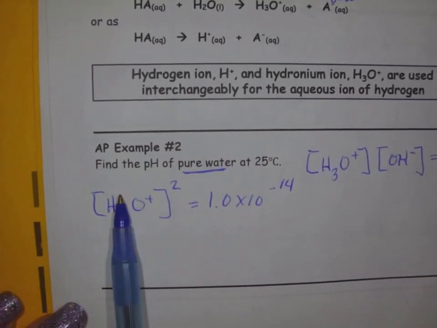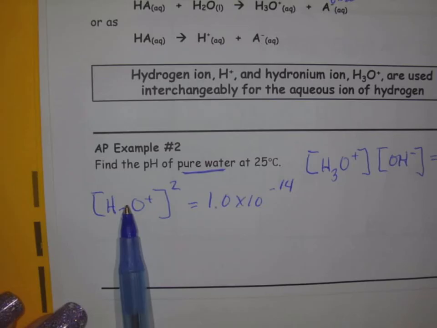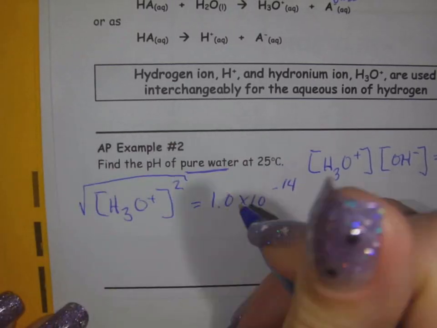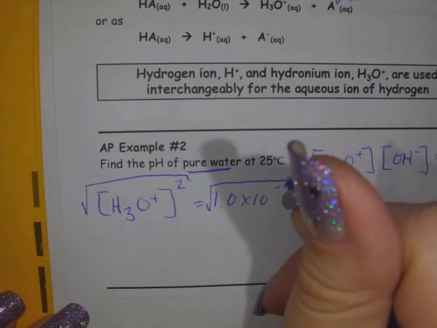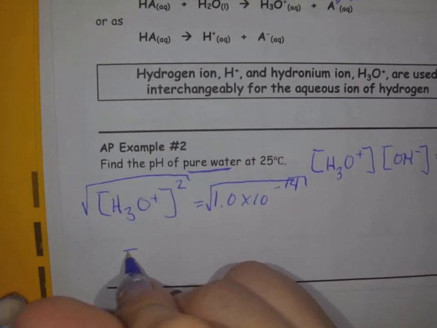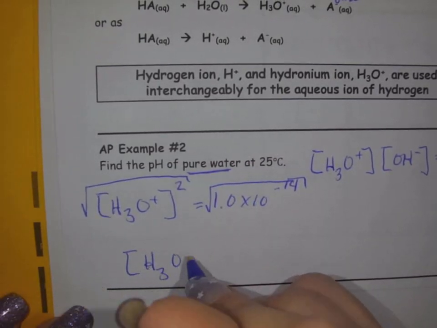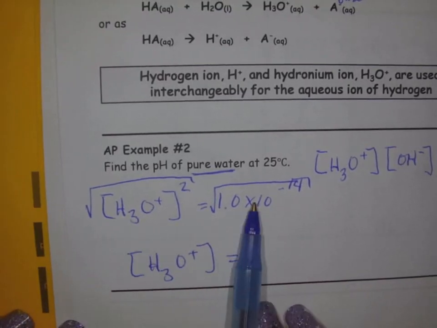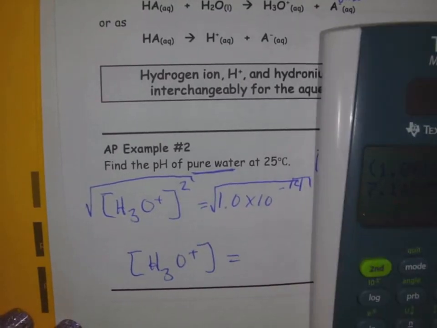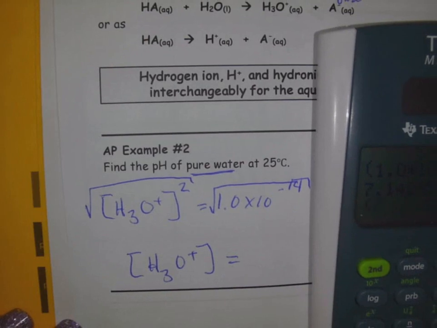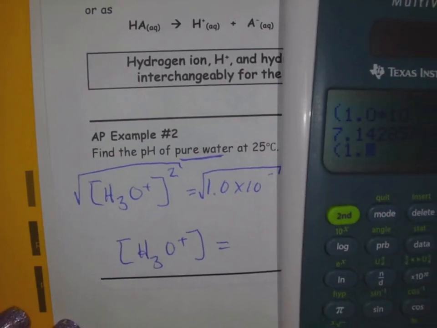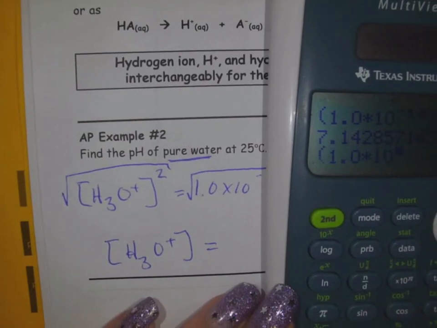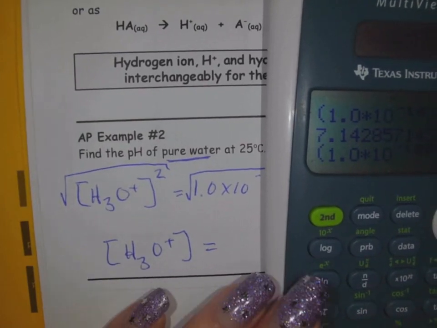Okay, what if I want this concentration? I would take the square root of both sides. So square root here and square root there. So then the concentration of H3O plus would equal the square root of our value here, of our Kw. So 1.0 times 10 raised to the negative 14.